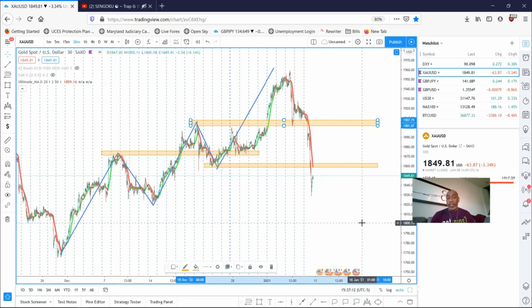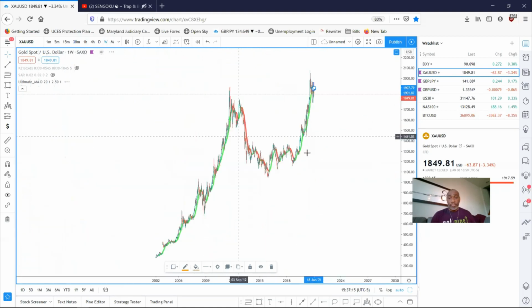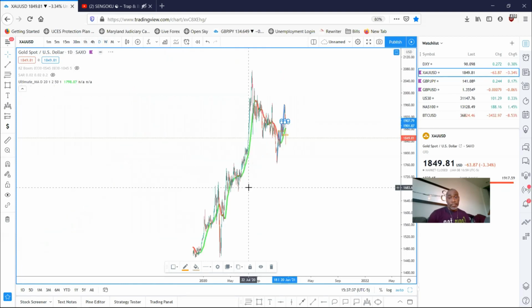But we shall see. Overall, looking at the higher time frame, we know what direction the market is moving, up or down. Up. There you go. So if this market continues to move down, this is nothing more than a corrective move before she continues to shoot all the way back up.